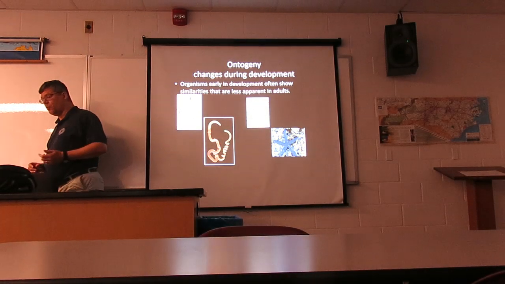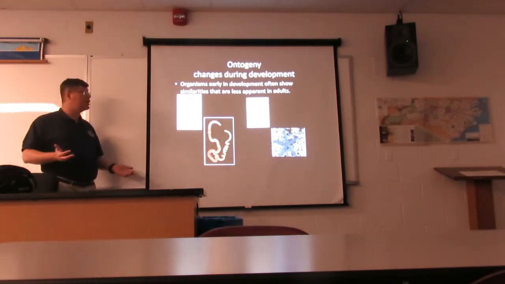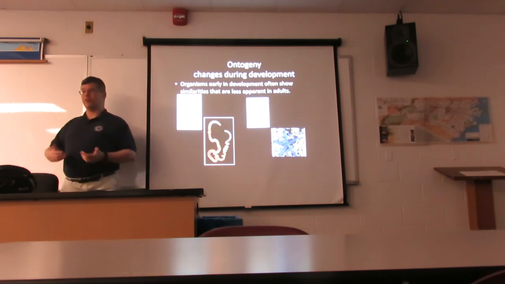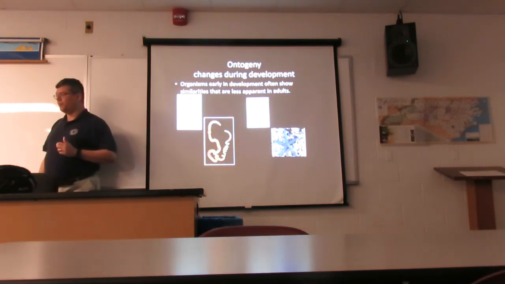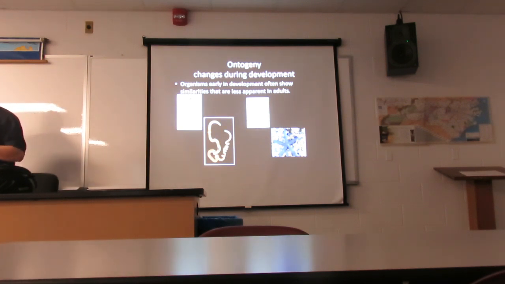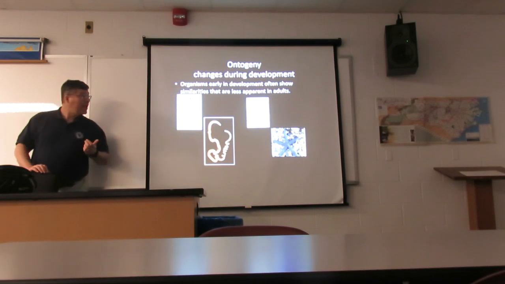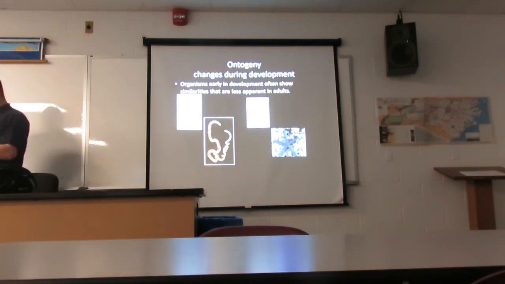Ontogeny. Okay, well, what is it, first of all? Ontogeny is the series of changes that takes place during the development of an organism. So, for example, we as humans start out as a fertilized egg, zygote, just like any other animal, or for that matter, practically any eukaryote. And then that starts dividing.